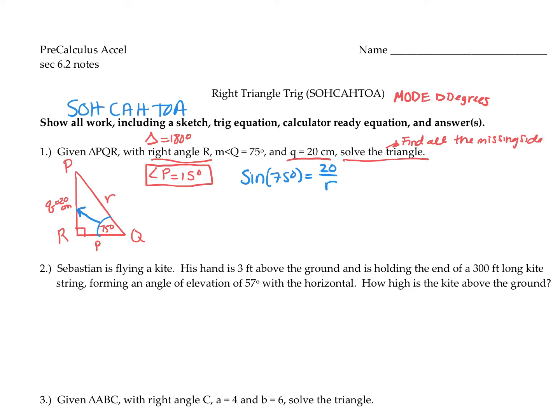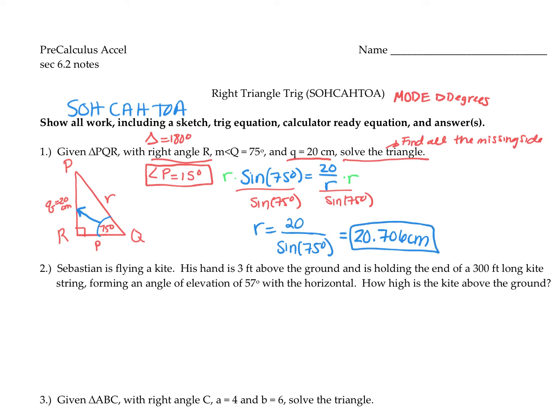To solve for R, I would multiply both sides by R, but then I would end up dividing by the sine of 75 to get R alone. So my calculator-ready answer is R equals 20 divided by the sine of 75 degrees. When I type that in my calculator, I get that R is 20.706 centimeters.